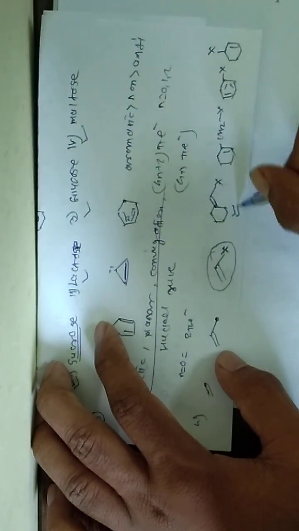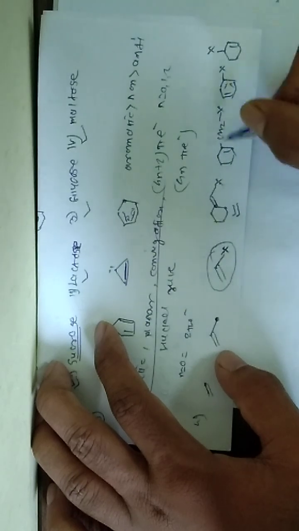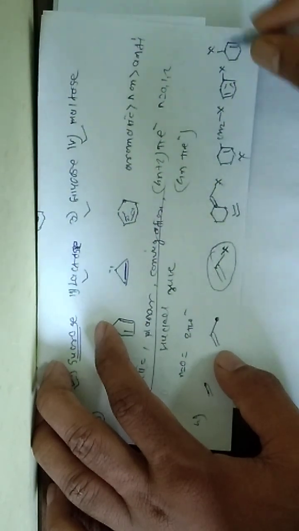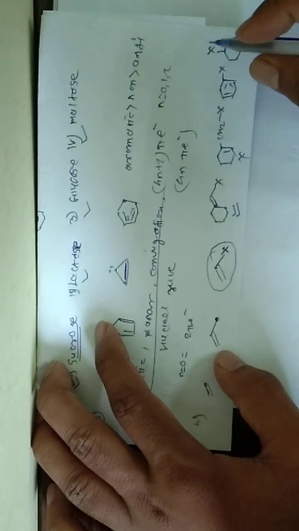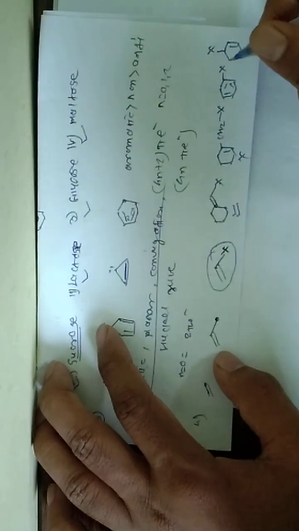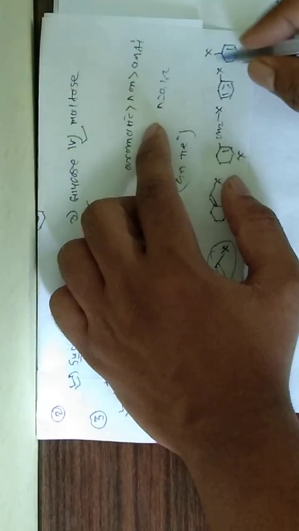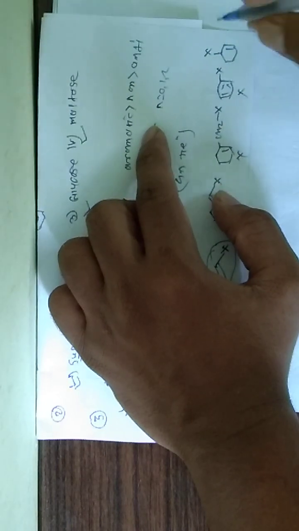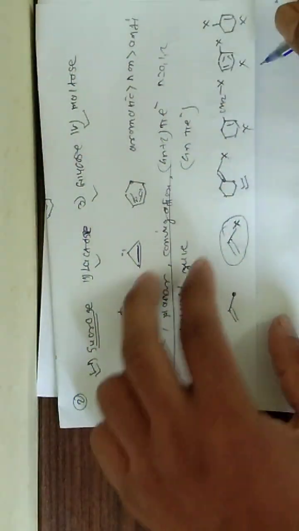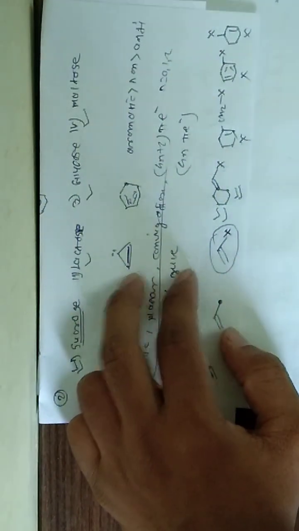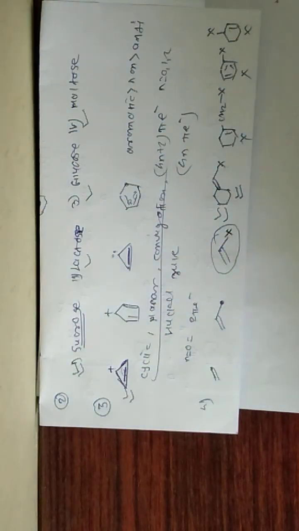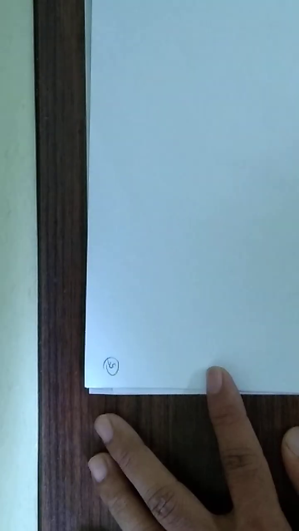So this is the vinylic. Here this is attached to an sp3 carbon next to a double bond, that is allylic. This is attached to a carbon of the benzene ring side chain, so this is benzylic. This is also not vinylic. Here this one is also allylic. So the correct option is the first, which is the vinylic halide.